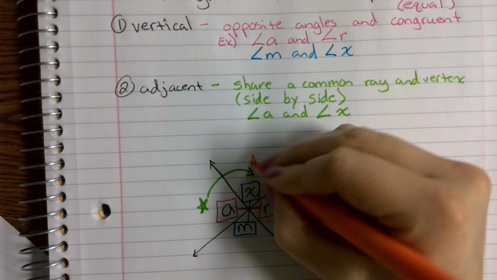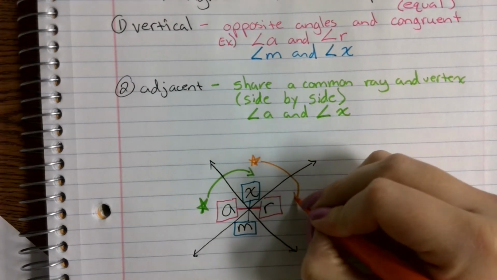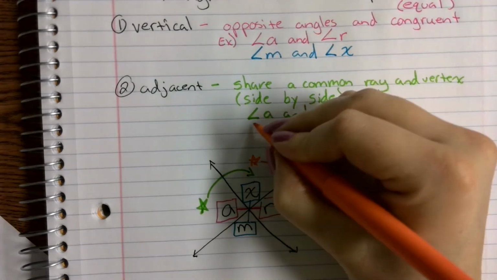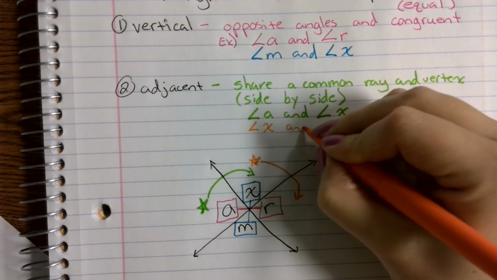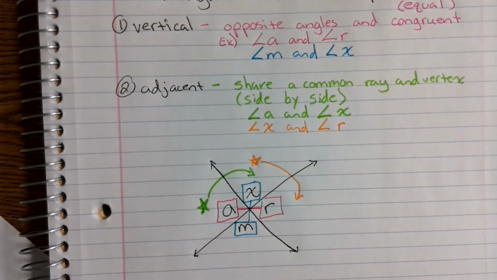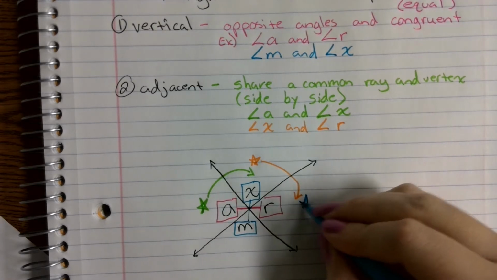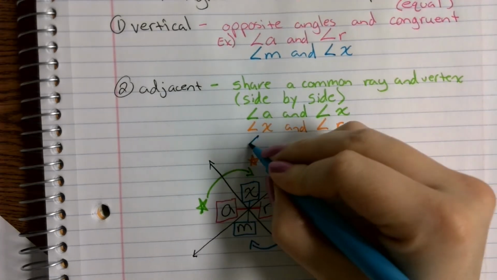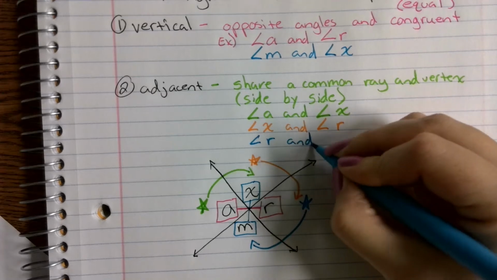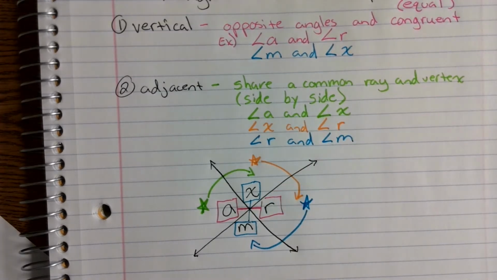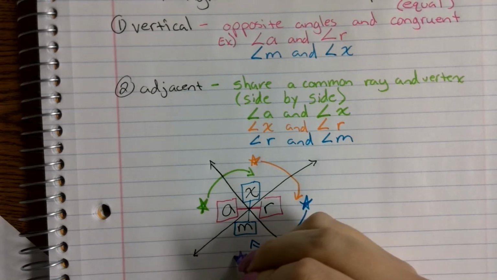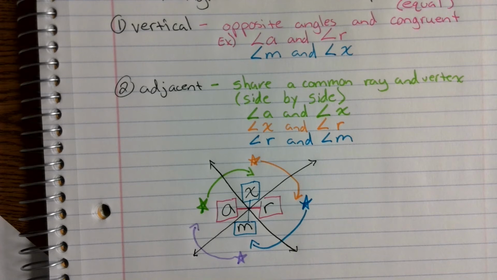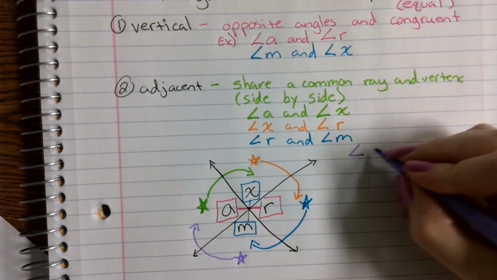Angle X is also adjacent to angle R. Angle R is also adjacent to angle M. And then angle M is also adjacent to angle A. I have to write it over to the side.